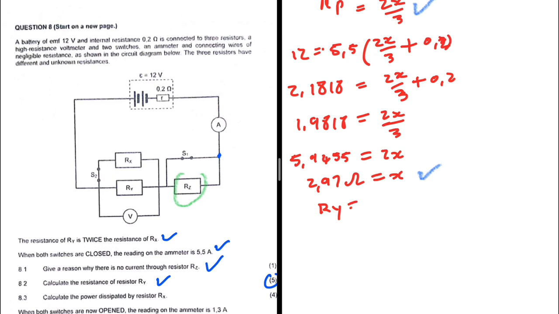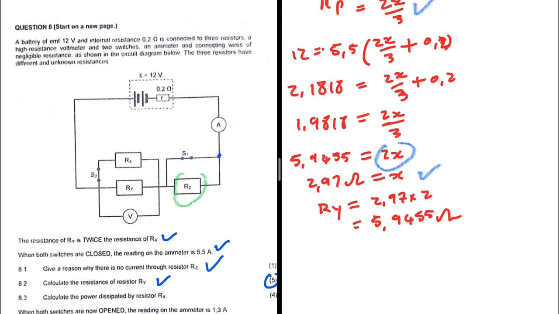So Ry is going to be equal to 2.97 multiplied by 2. I'm getting 5.9455 ohm. I should have just left it here because Ry is 2X. But it's fine. I didn't see that at the time. I was just focusing on solving. Okay, but that is fine.